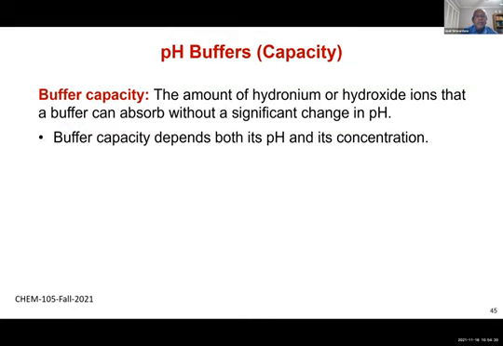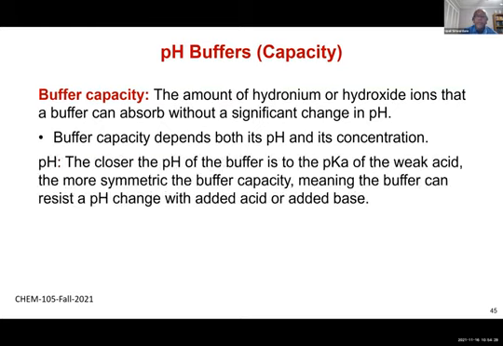It depends on the pH and the concentration. The closer the pH of a buffer to the pK value of the weak acid, the more symmetric the buffer capacity, meaning either acidic or basic shifts are symmetric, and the buffer can resist pH change with added acid or base.